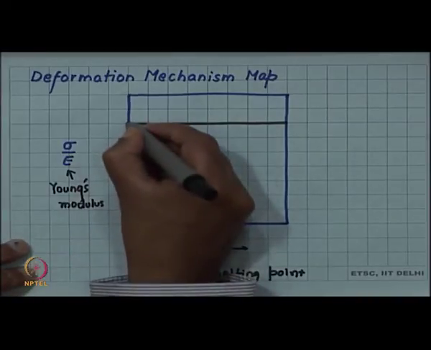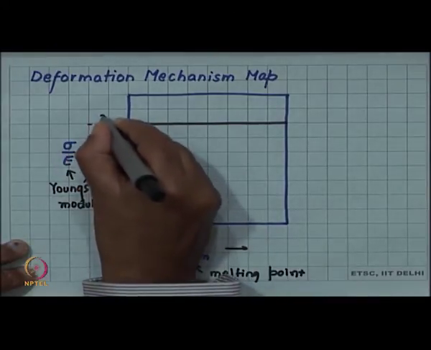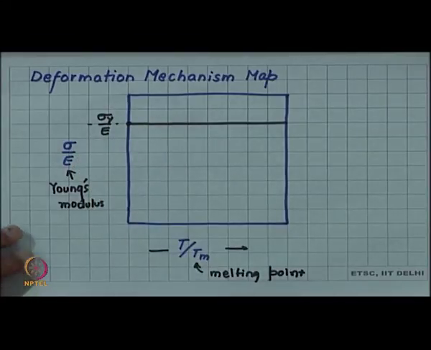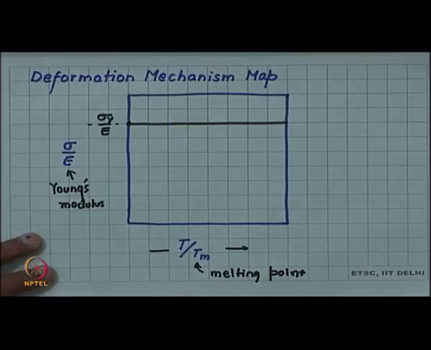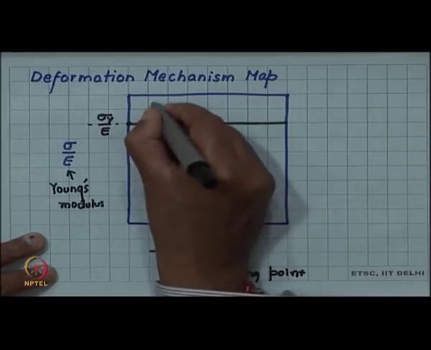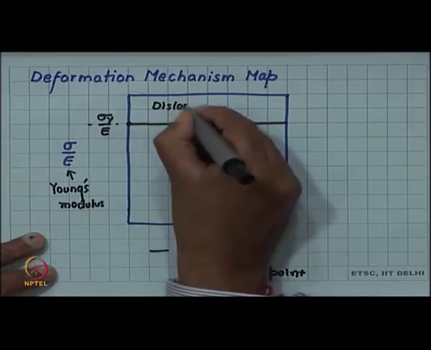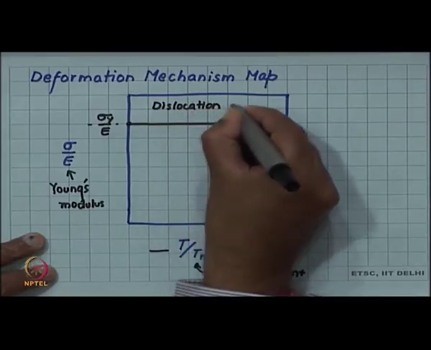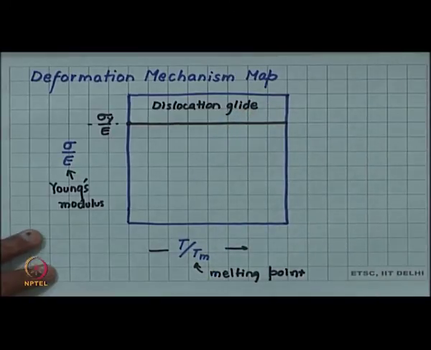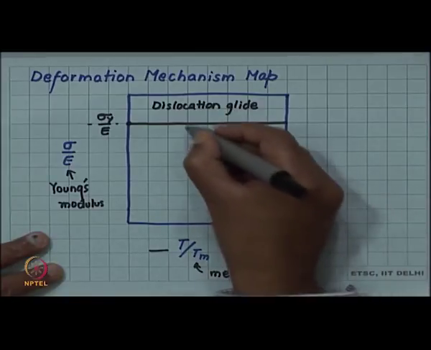Then at a value corresponding to yield stress, so this will be sigma y by E, the yield stress will be reached. At that yield stress you will have a plastic deformation. So, this will be due to dislocation glide. Then at lower temperature you have different regimes.